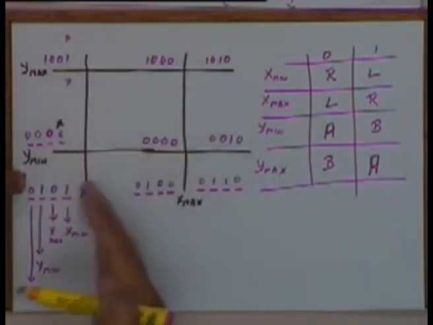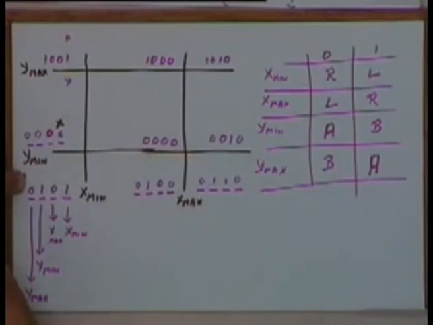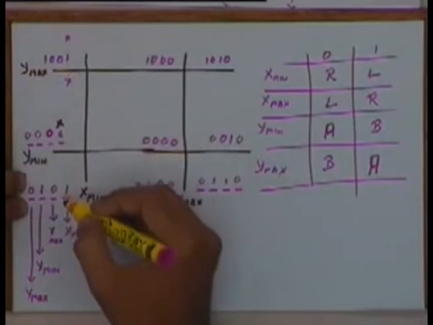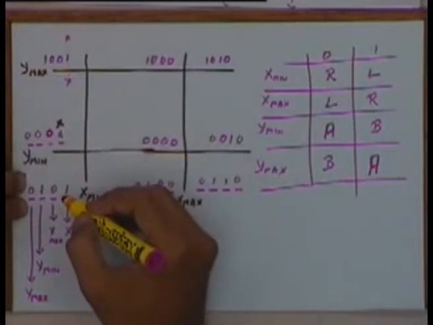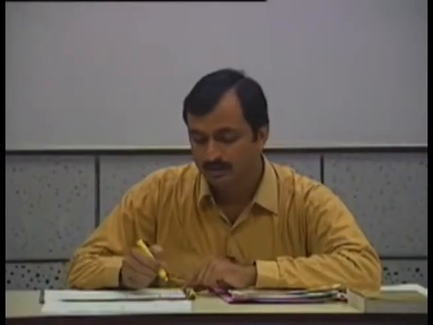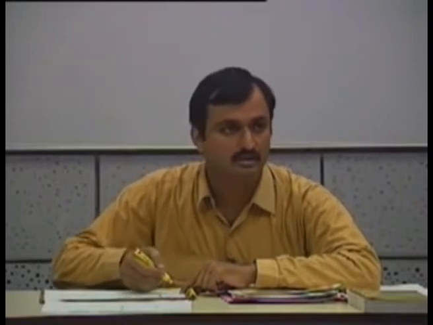Both these points are to the left of x-min, so the bit corresponding to x-min will be 1 for both of them. So if I take any line segment and out of the 4 bits, any one bit is 1 for both the endpoints, that would mean the line is totally outside the window.